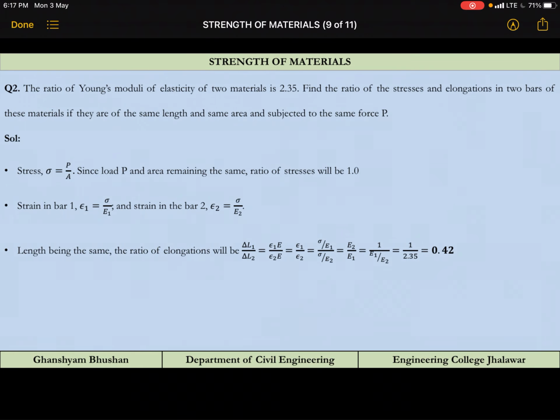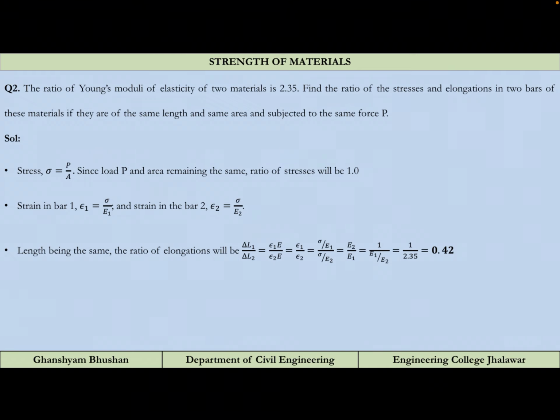So you can see stress sigma is equal to P by A. Since load and area remain the same, the stress ratio will be 1. Now strain in bar 1, as I have shown you, is sigma by E1, and in bar 2, sigma by E2.